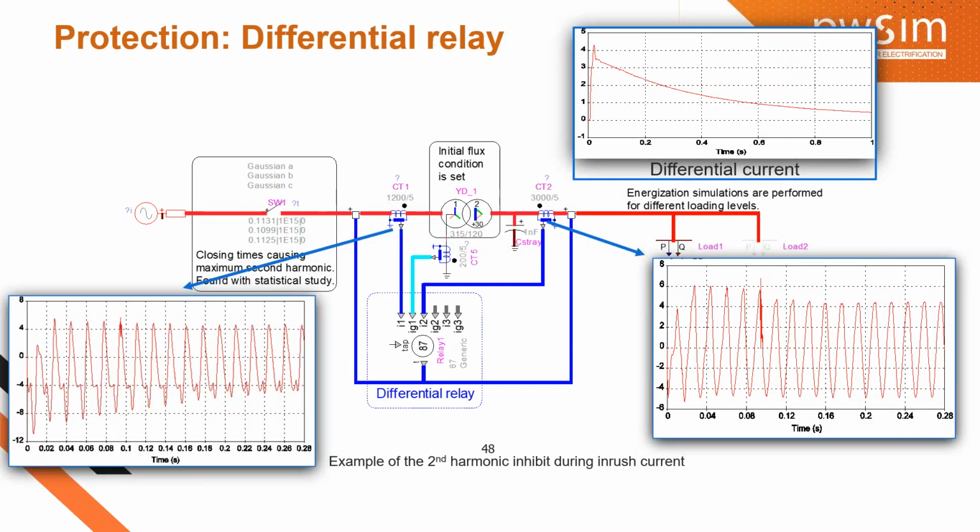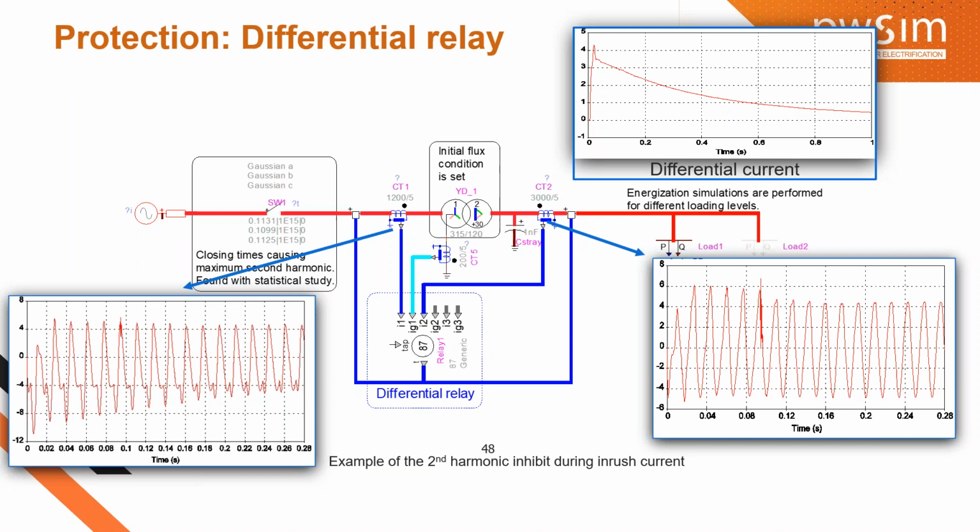At the time of transformer energization, we have an inrush current, or a differential current, flowing through the differential relay. In this example, we are measuring the CT secondary currents, CT1 and CT2, and similarly we have measured the differential current flowing through this differential relay.